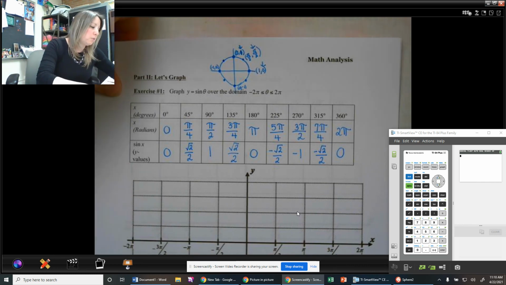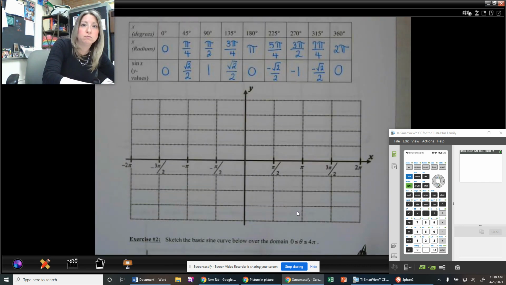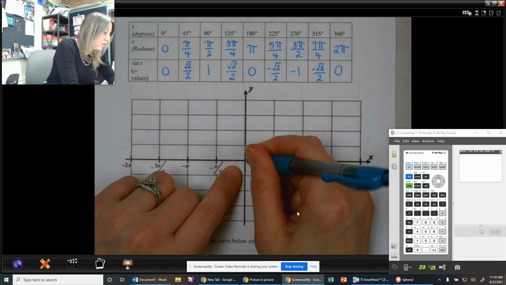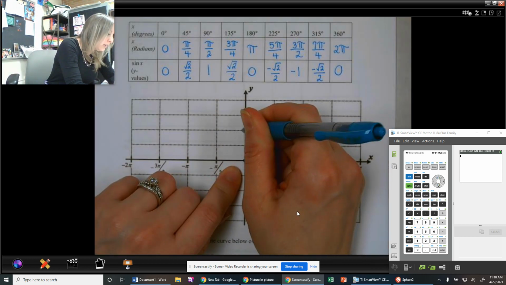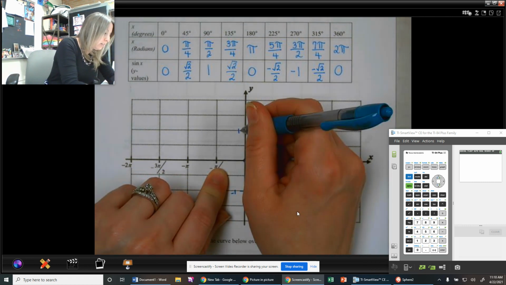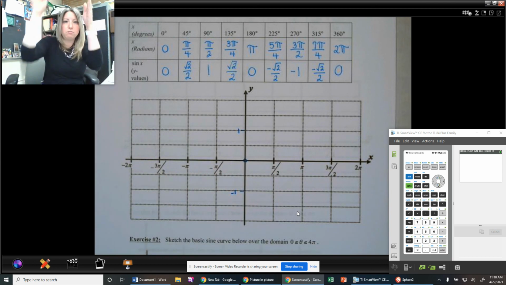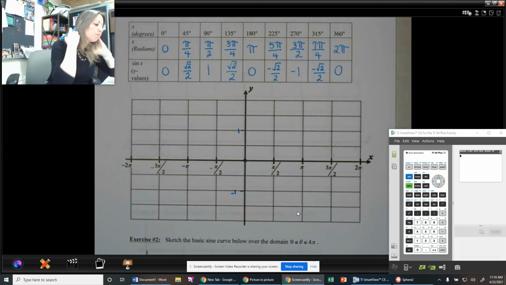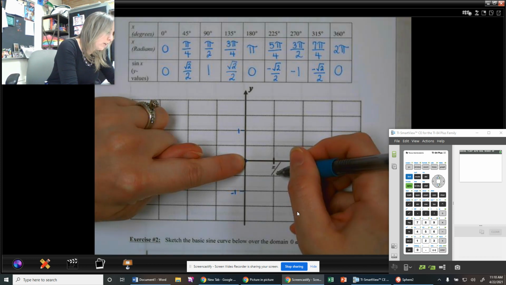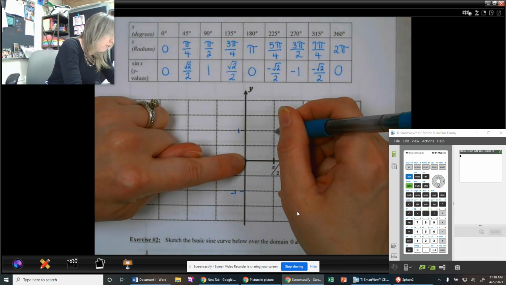So now I'm just going to put that on the graph down here. It's the unraveling of the circle at the y's. So we start at 0, 0, and I'm going to scale so I go up here and down here, plus 1, minus 1, just to give myself a little space, right? So I know that at pi over 2, that's 90 degrees, I am all the way up at 1, and that's my max.